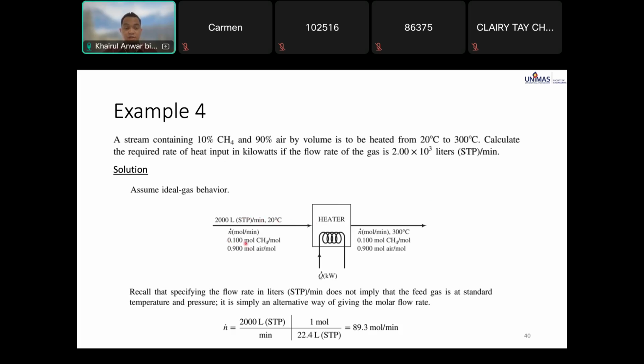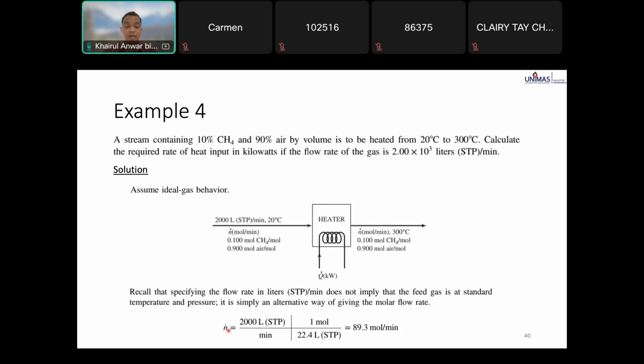We only know the fraction. Don't know N. Then after heating, temperature rises to 300 degrees C. The fraction between methane and air is the same.